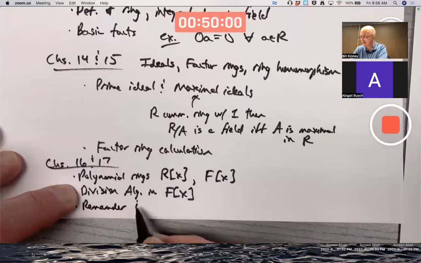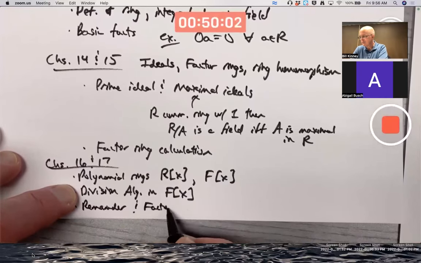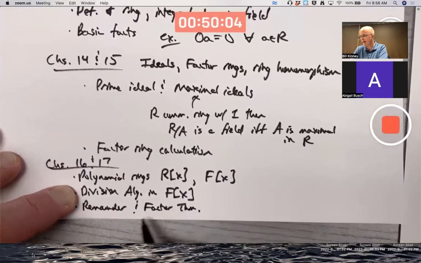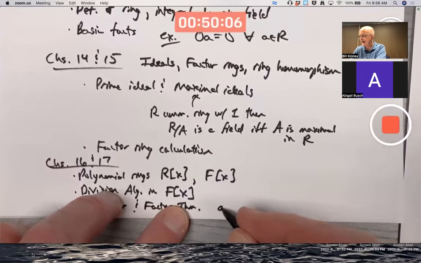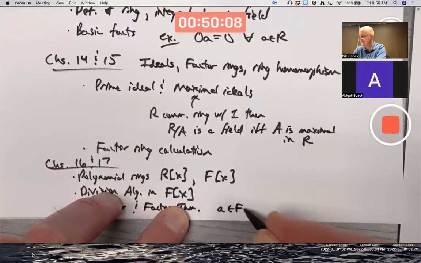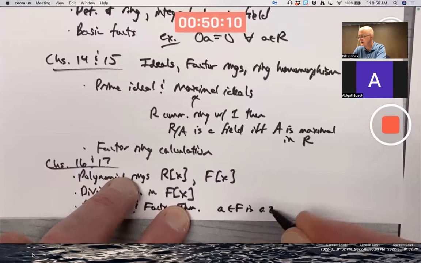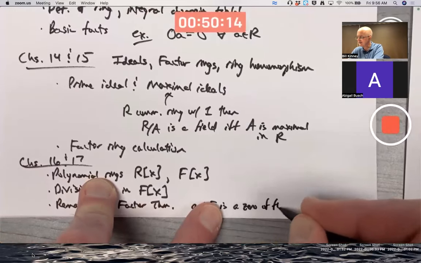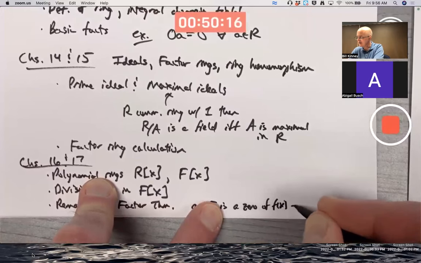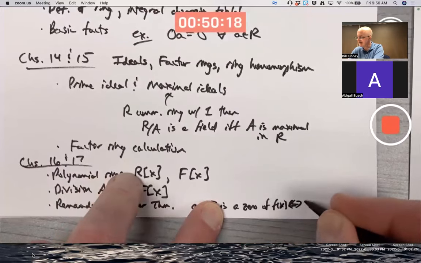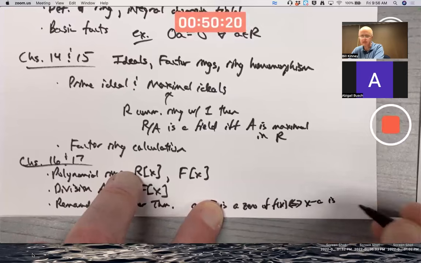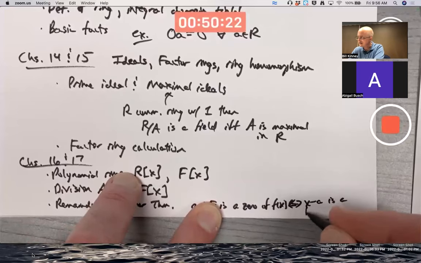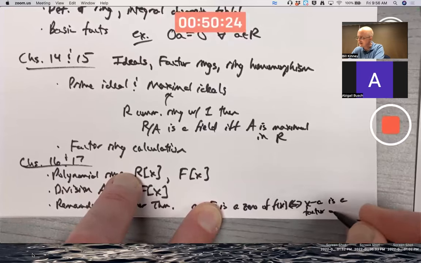The factor theorem, being a bit more familiar, says a in F is a 0 of a polynomial f(x) if and only if x minus a is a factor of f(x).